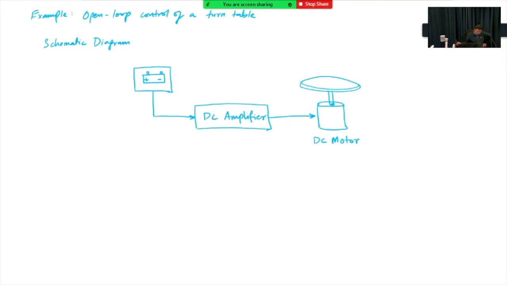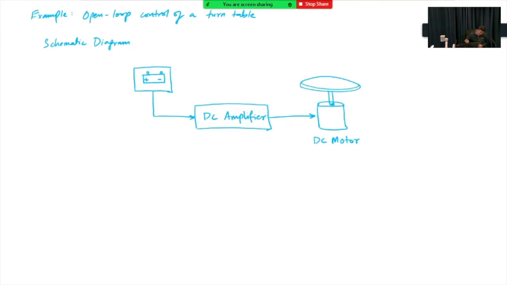But once you turn it, it turns until you stop it, right? So there is no feedback. There's no mechanism to make sure that it achieves a certain position. So it's based on a manual kind of feedback.